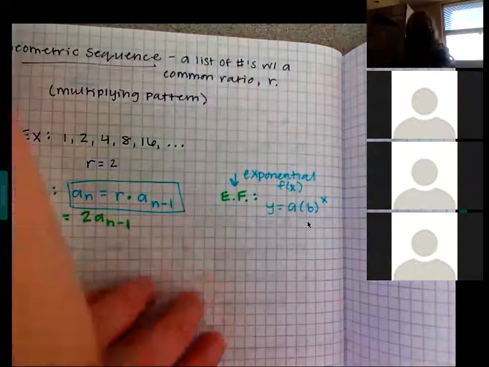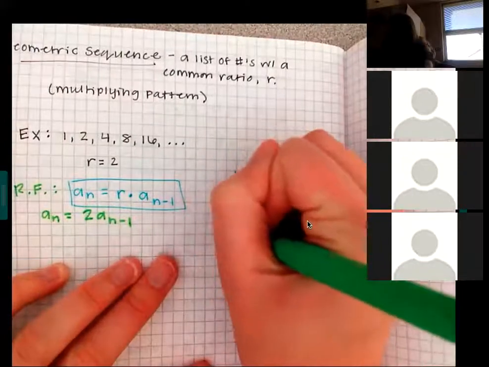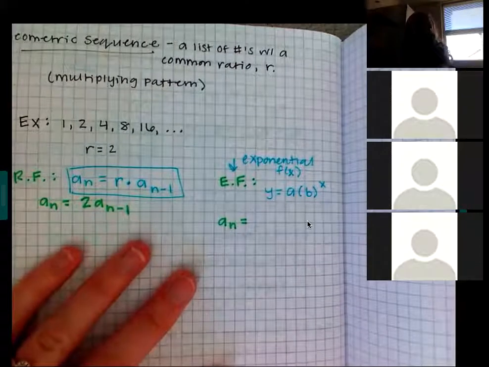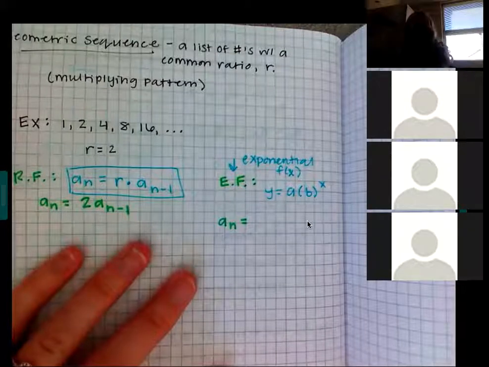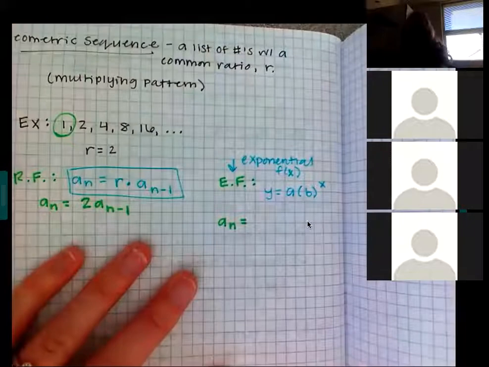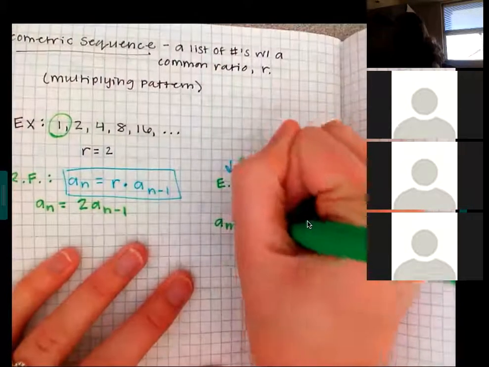So for our example, this is how it's a little different. To find a sub n, we're going to start with whatever the sequence starts with. So we're not working backwards this time. Did everybody hear me say that? No working backwards. What does this sequence start with? 1. So 1, what am I multiplying by?